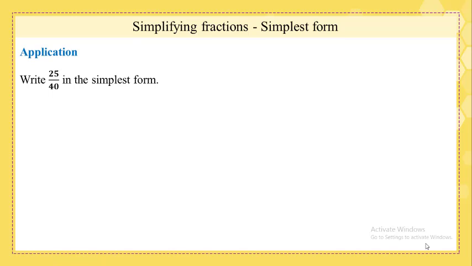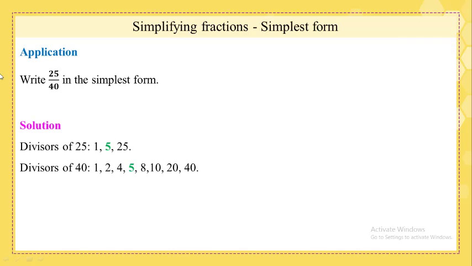Now let us solve the following application. Write 25 over 40 in the simplest form. Please pause the video and try to solve the application. Solution. Divisors of 25 are 1, 5, and 25.